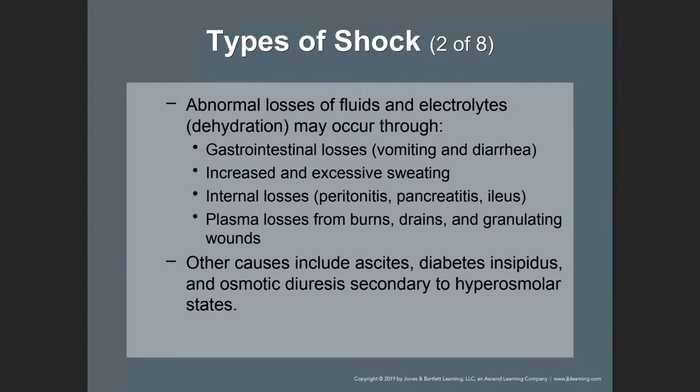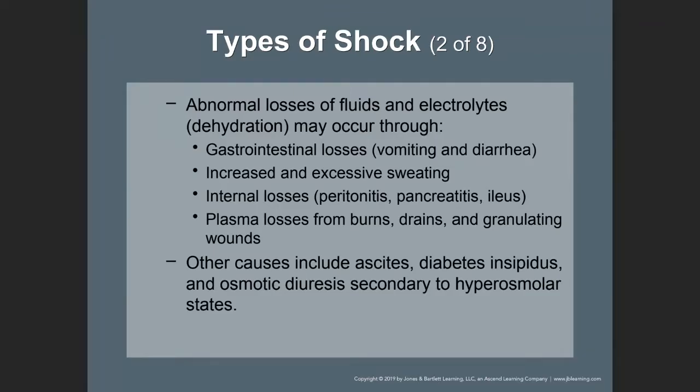Abnormal losses of fluids and electrolytes will lead to dehydration, and it may occur through gastrointestinal losses, that's vomiting and diarrhea, excessive sweating, internal losses from peritonitis, pancreatitis, ileus, plasma losses from burns, drains, and granulating wounds.